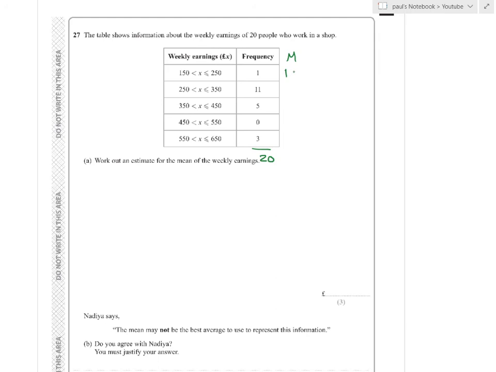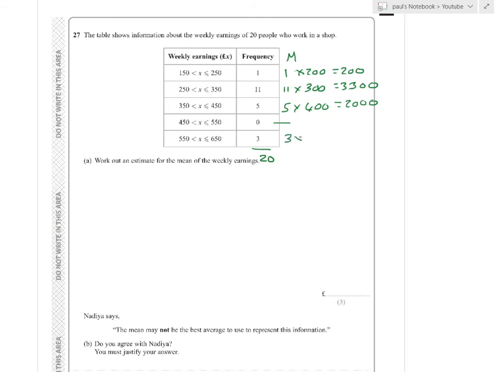So we've got 1 times 200 equals 200. And we've got 11 times 300, which is 3,300. 5 times 400 is 2,000. And nothing, don't count.